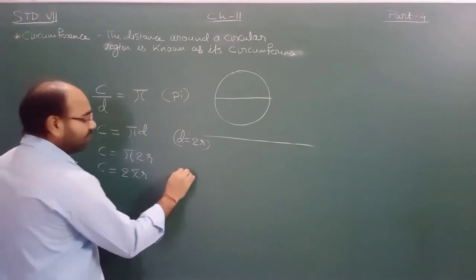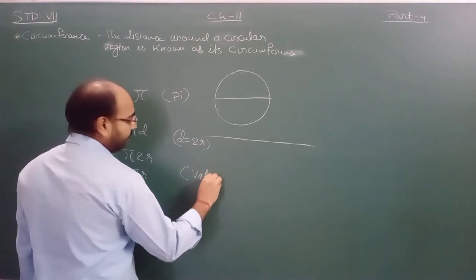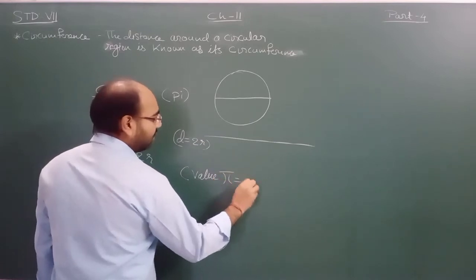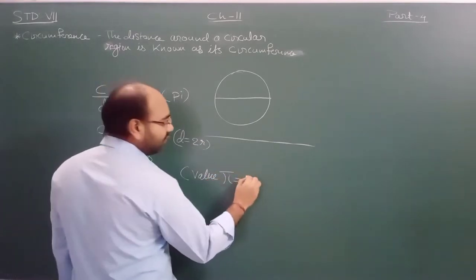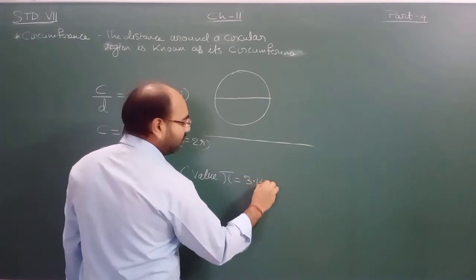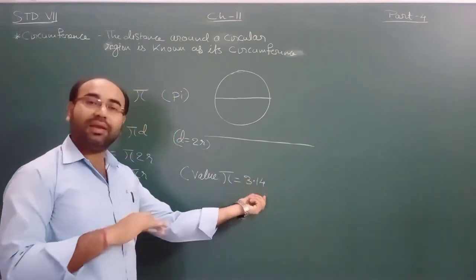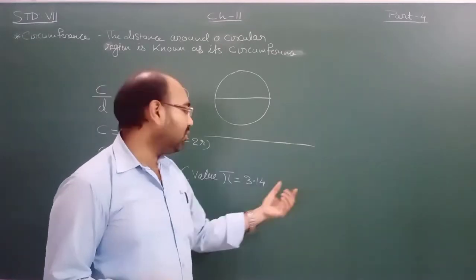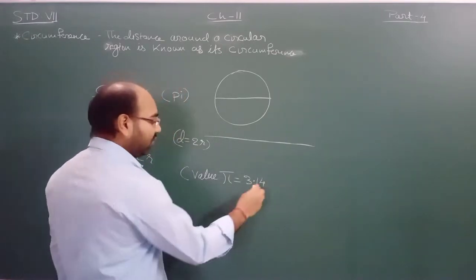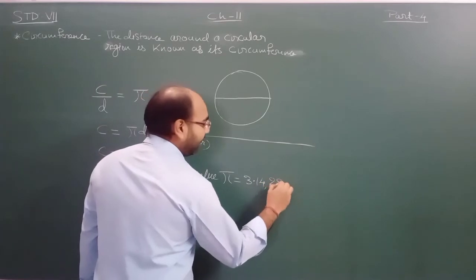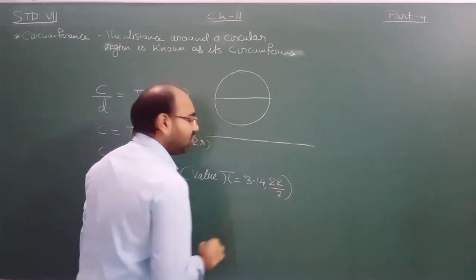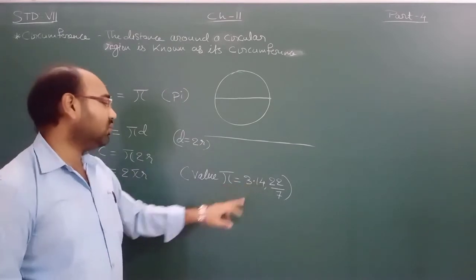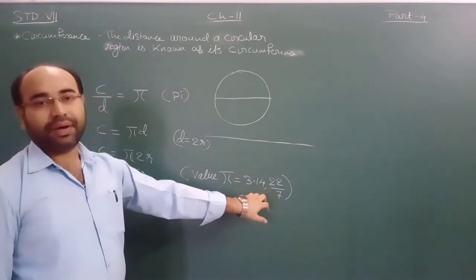Now the value for pi will always be, in decimal form, 3.14. It is not that it ends at 3.14, it goes on, but normally it is taken as 3.14, or in fraction form as 22/7. Both are values for pi.